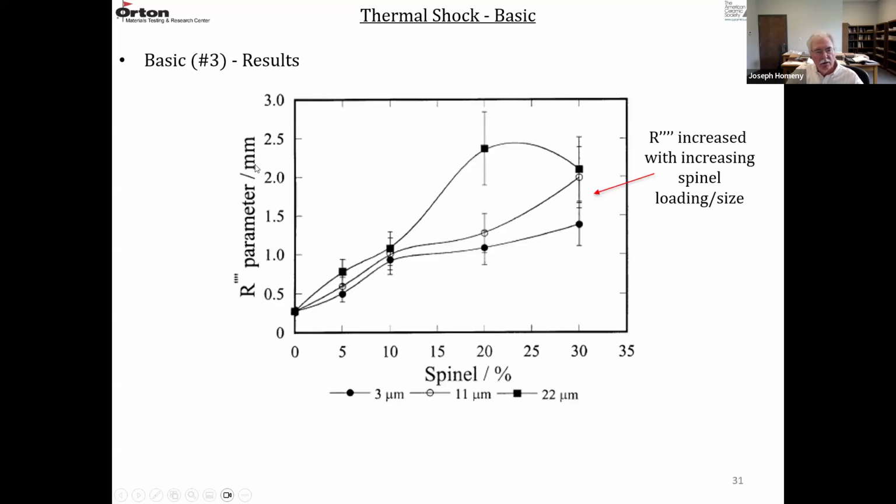And then they calculated R4 prime as a function of the content of spinel. And very similar to R3 prime, R4 prime increased with increasing spinel content and spinel size. Very similar trend as R3 prime.